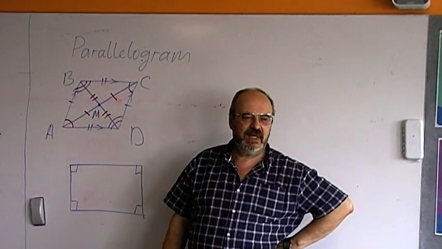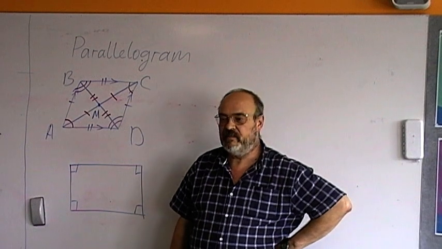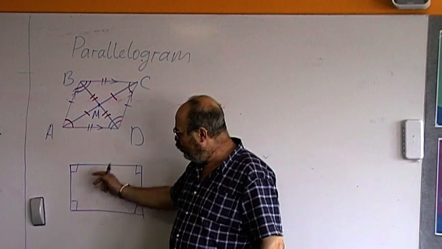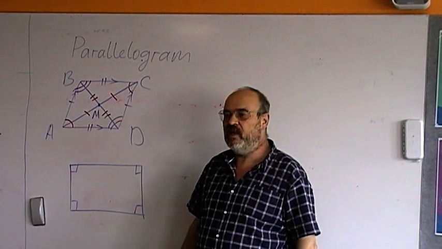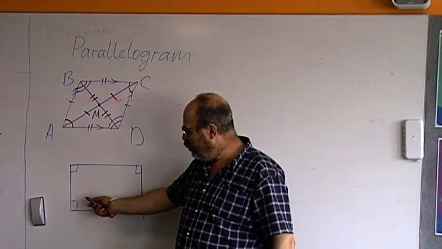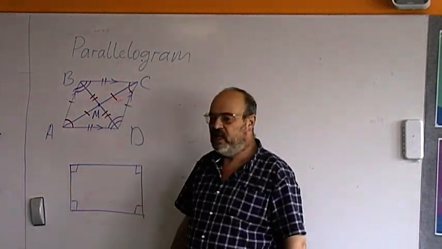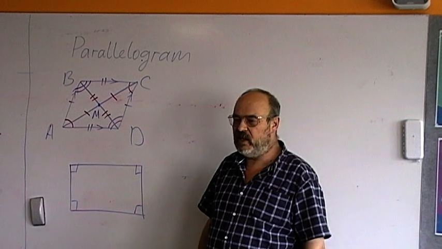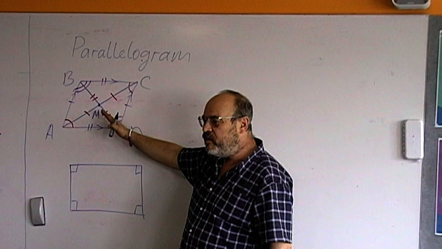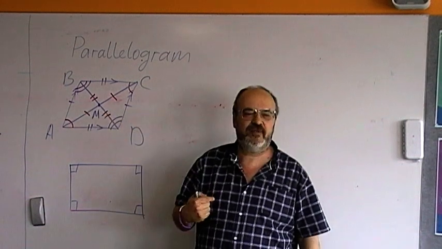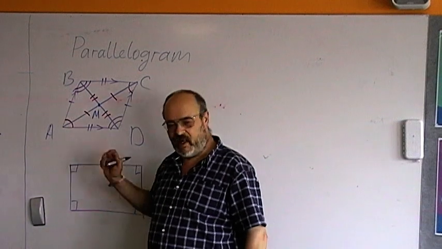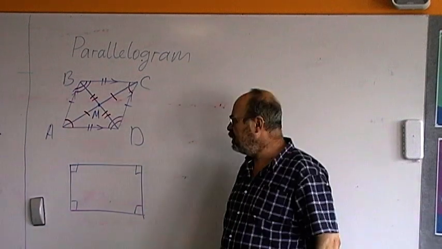So every rectangle is a parallelogram because it has all features. It has two pairs of equal and parallel sides. It has opposite angles equal. Its diagonals bisect each other. But it has one extra feature. What extra feature does it have? Right angles. All angles are right angles.